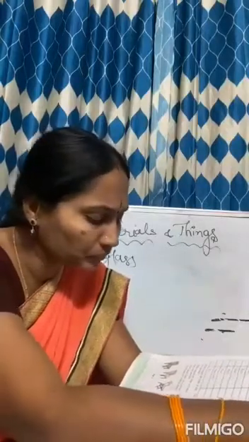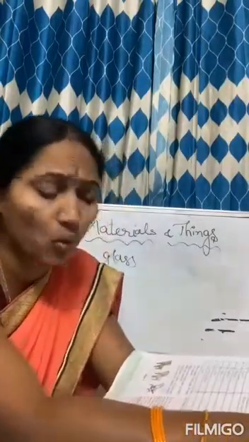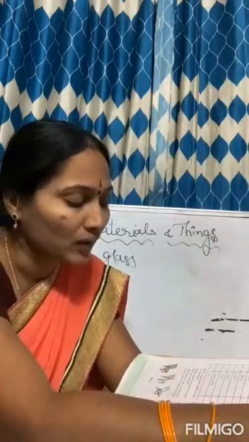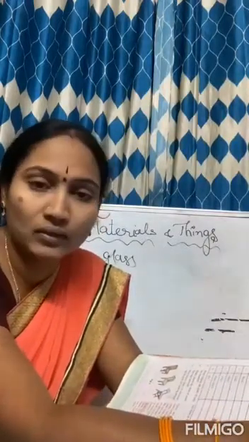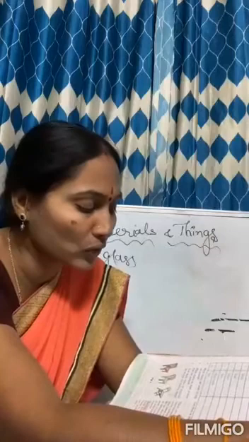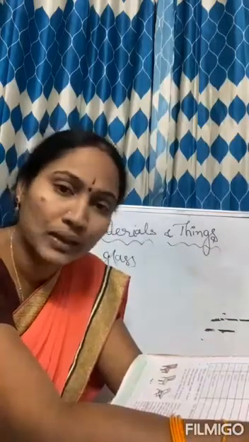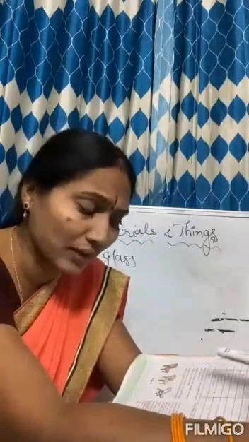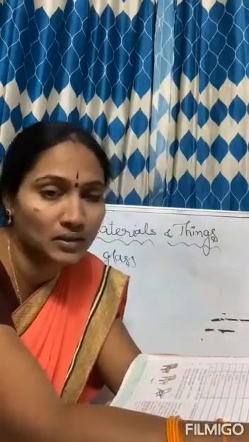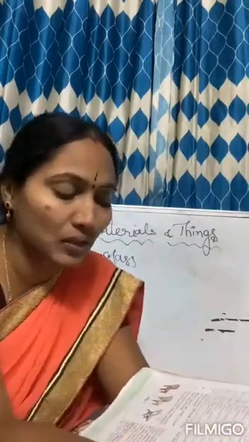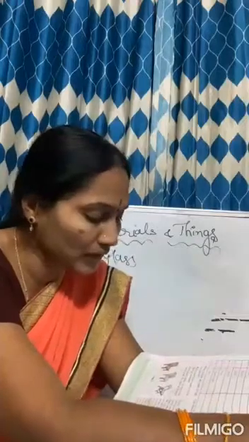Like that. Next, which objects are made up of more than 1 material? Bicycle. 2-3 types of materials we have used. So you can write bicycle. Knife. Wood plus steel or plastic plus steel also you can see, you can observe the knives. So that is the answer.